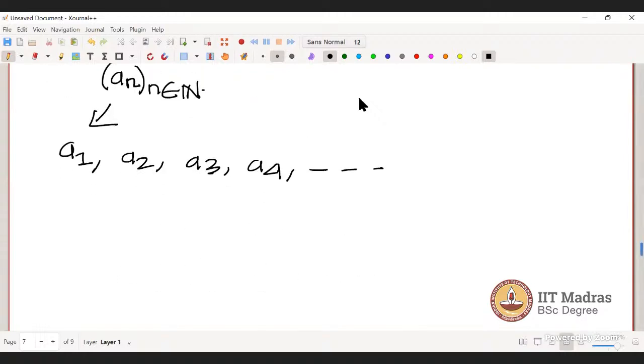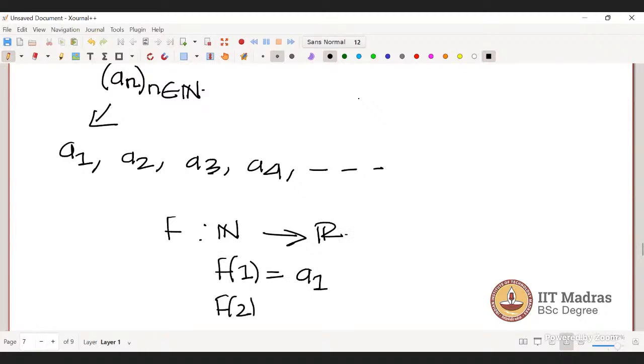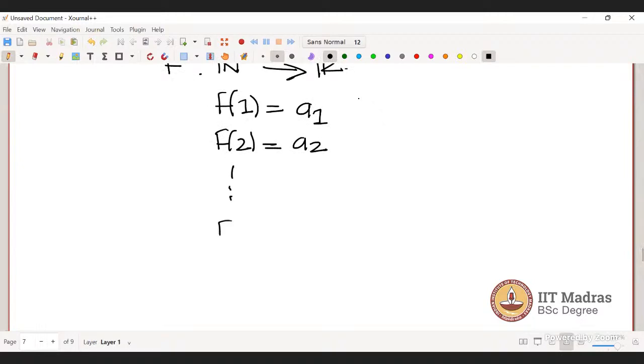So you can define this as a map from N to R, where f of 1 is A1, f of 2 is A2, up to AN. So a sequence is basically a map from the set of natural numbers to R.